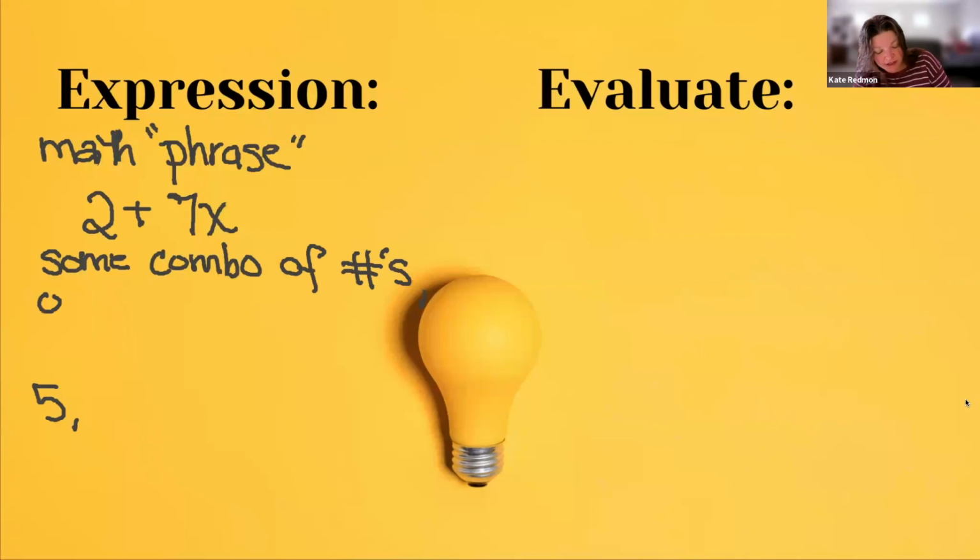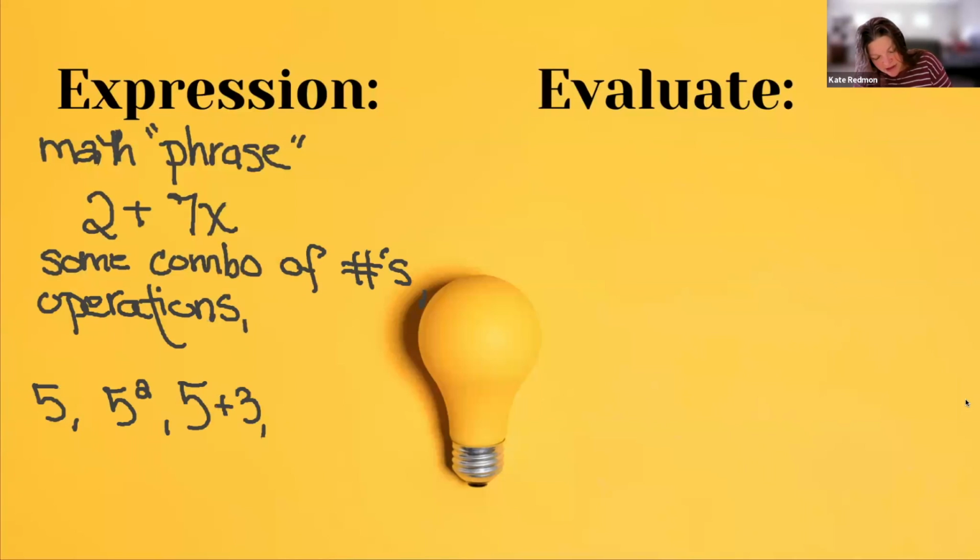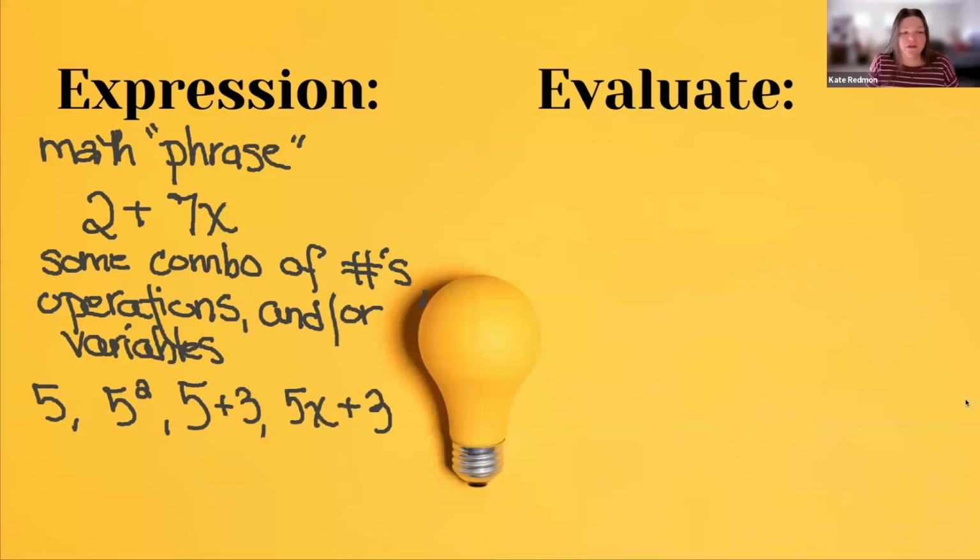It could have operations. So like 5 squared or 5 plus 3, those are all expressions. But it can also get more complex in algebra and have those letters, those variables. So like 5x plus 3 is also an expression. All 4 of those are examples of some simple to some more complex expressions.